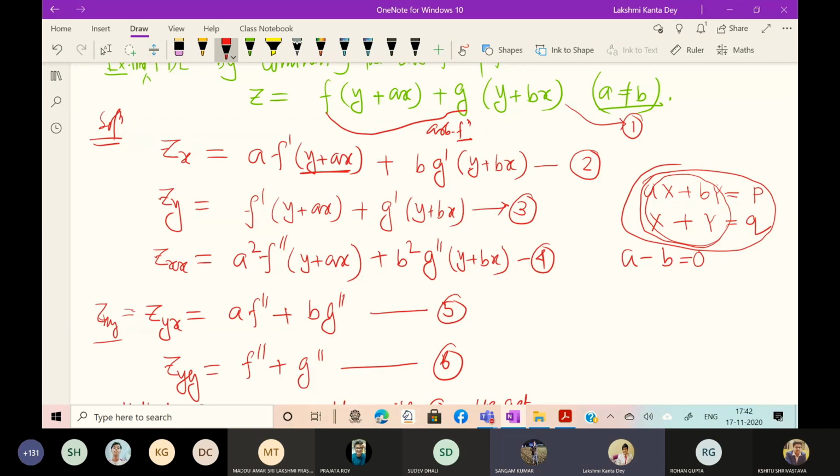What is the determinant of this coefficient matrix? That is A minus B. By the given condition, A minus B is non-zero, so that means this is linearly independent. So you can find the solution by Cramer's rule. You can find f dash x and g dash x in terms of p and q and a and b possibly.